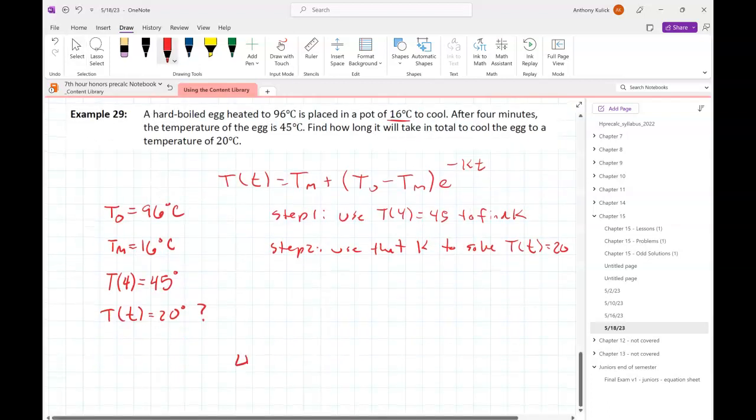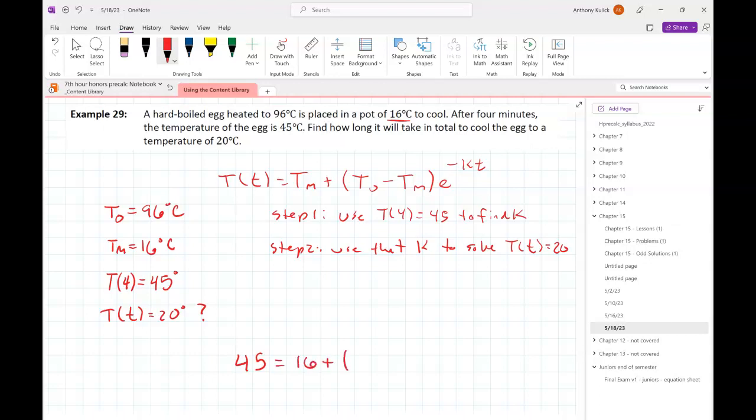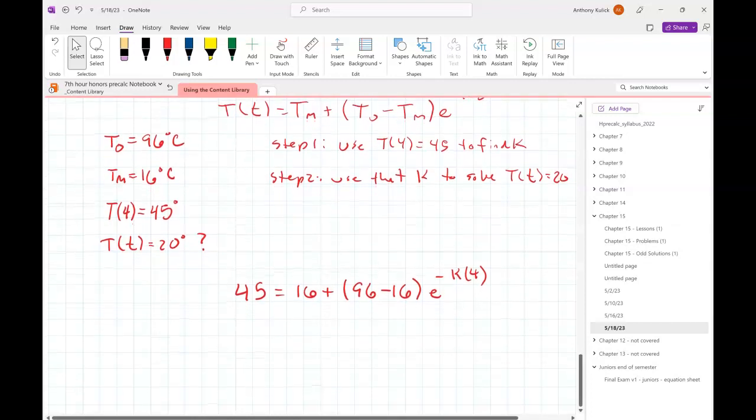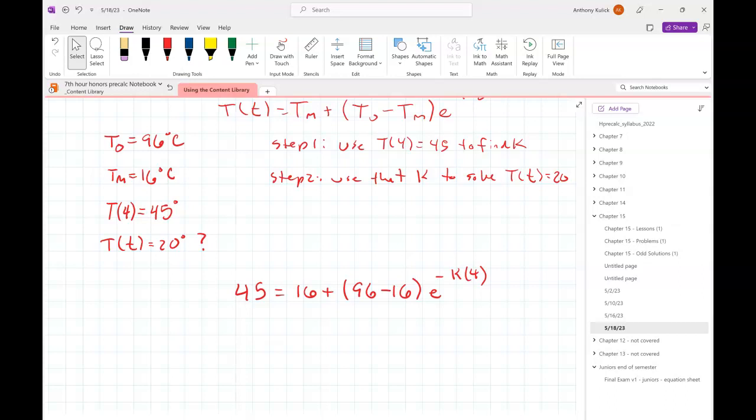Okay, so starting off, we have 45 equals 16 plus (96 minus 16) e to the negative k times 4. To solve for k, first step should be? Subtract 16. Okay. At the same time, I'm going to simplify.